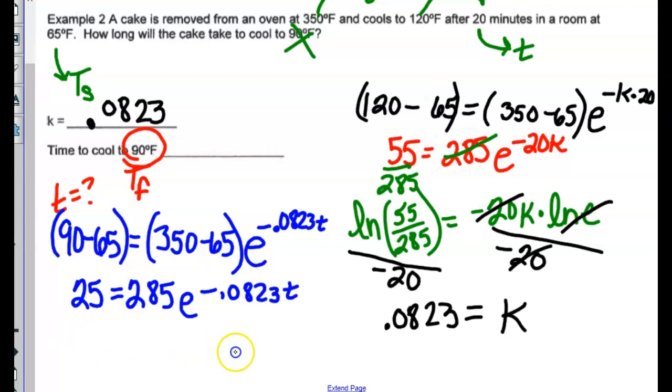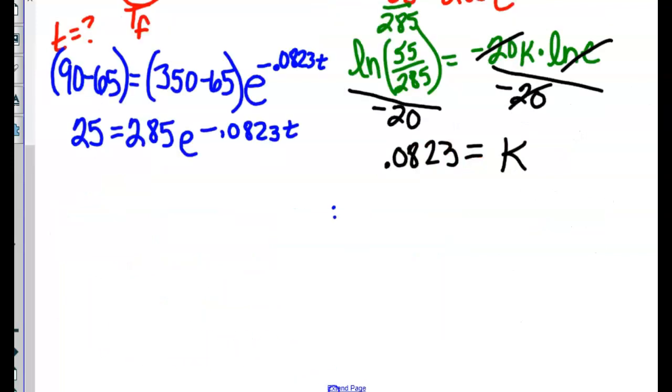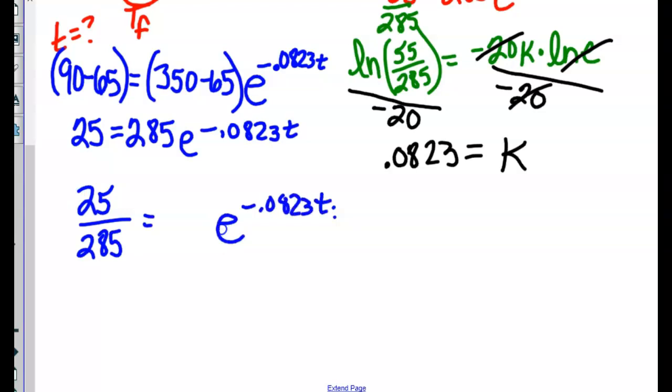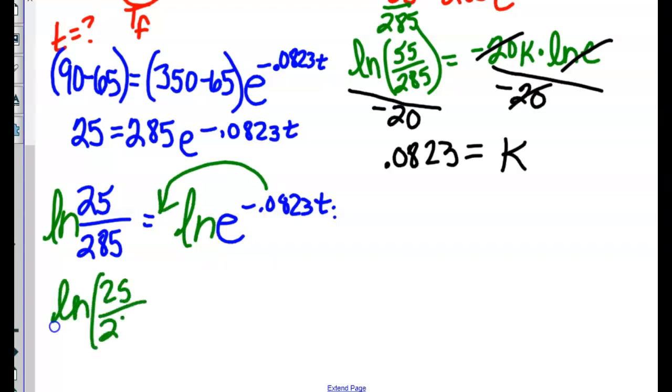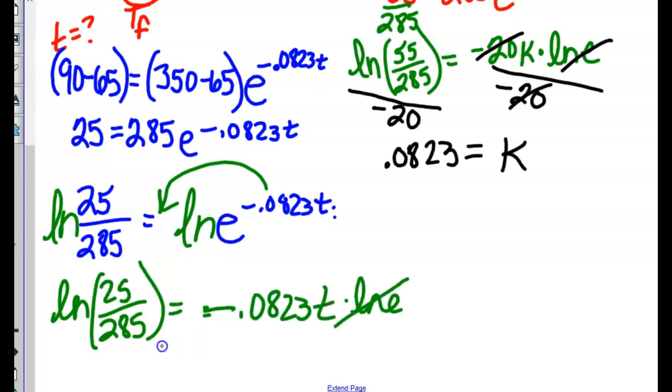What do I do first? And this guy goes out front. So I have, and then I just need to divide that over here.